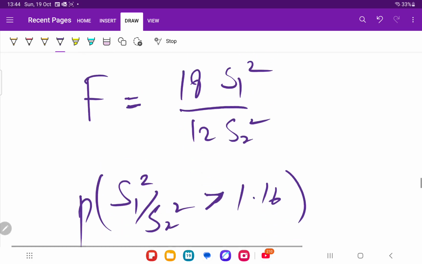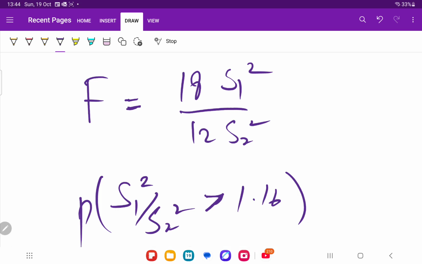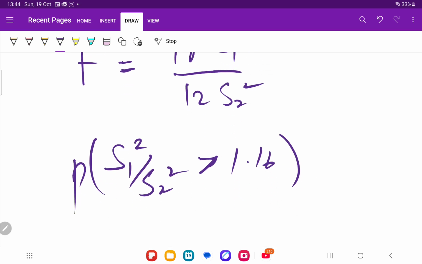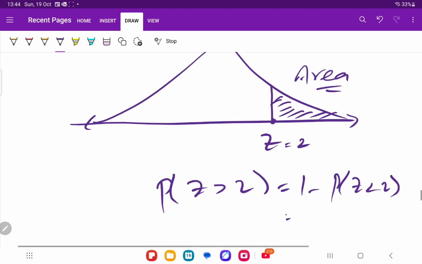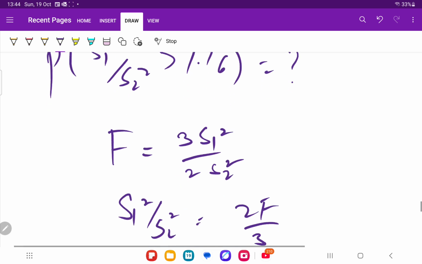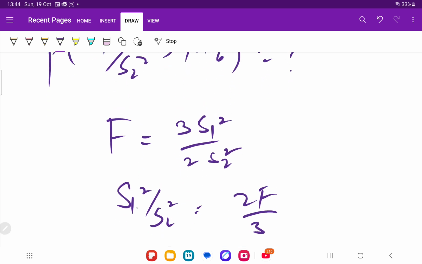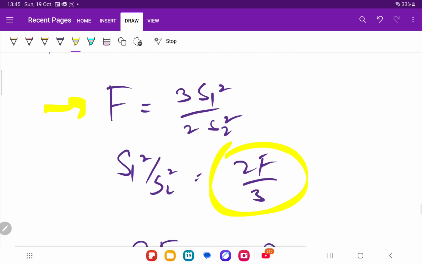Using the values given to us, S1 square over S2 square greater than 1.16 is the given, and now we will change it to find the value of S1 square over S2 square from F. So we have found 2F over 3 equals S1 square by S2 square.